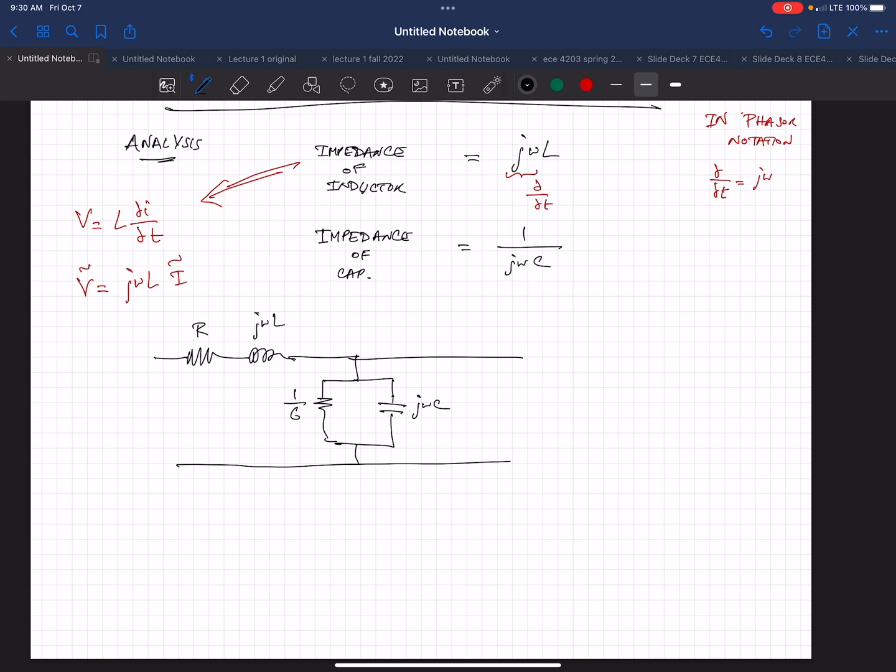I've added the series and parallel resistance to our transmission line, and this just keeps getting repeated.